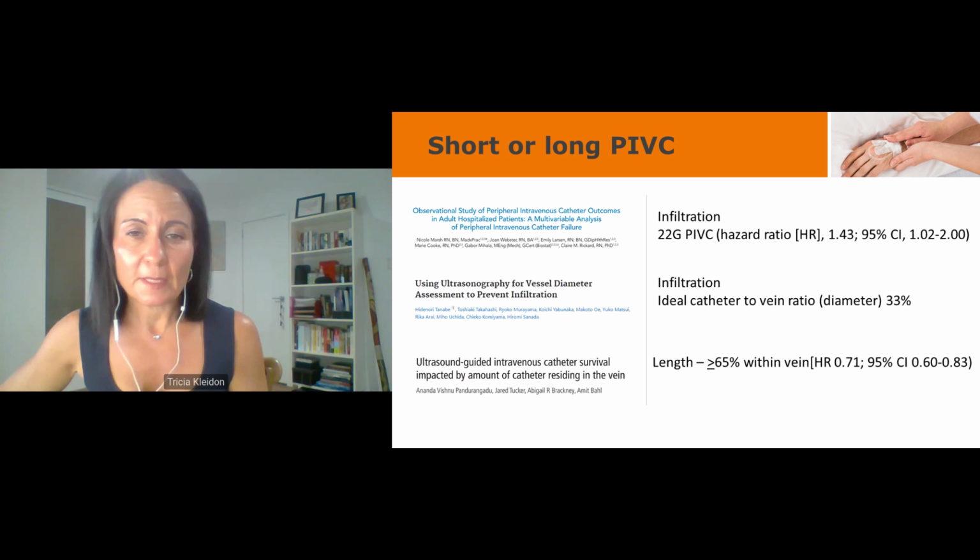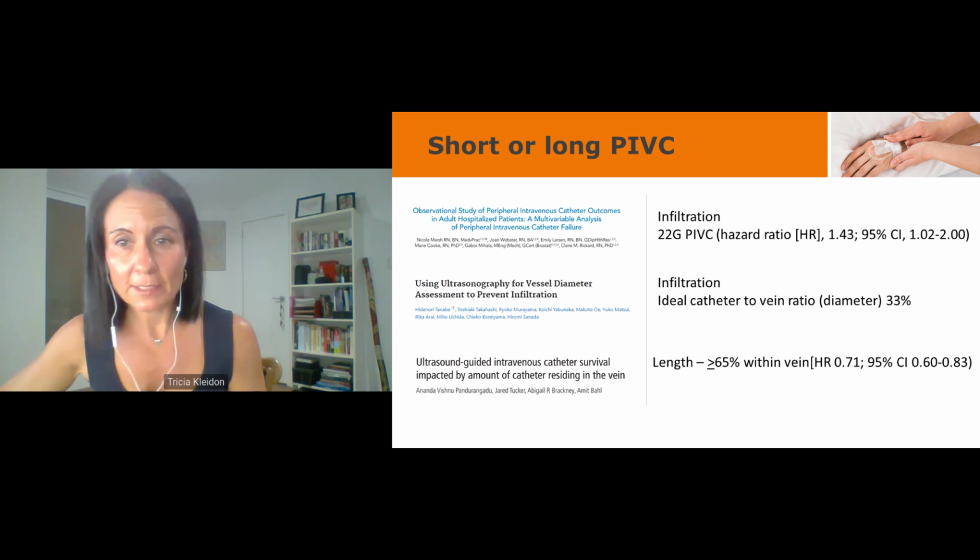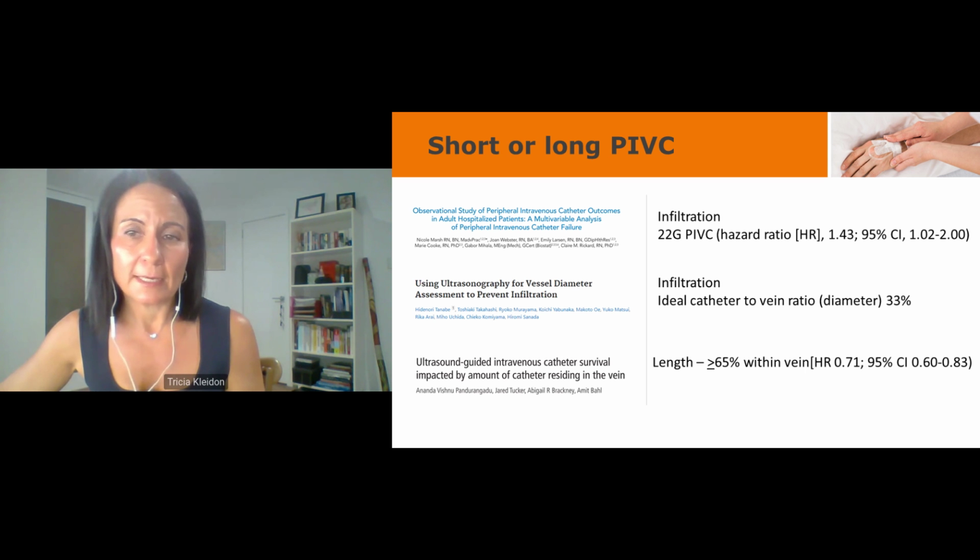So two authors, Tanab and Pangandaru, have been investigating whether the catheter-to-vein ratio impacts PIVC outcomes. Tanab looked at 79 PIVCs in 72 adult patients and reported that a catheter-to-vein ratio of 3.3 or 33% was ideal, and that when this was lower, for example, when more of the vein was occupied by the catheter, the risk of infiltration increased.